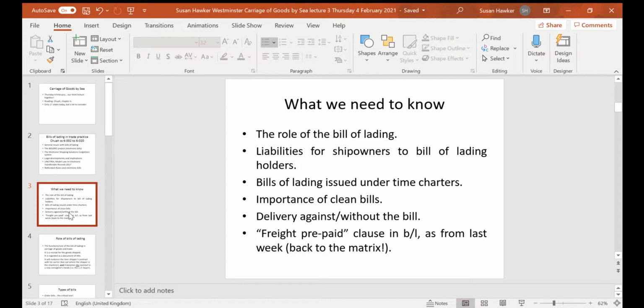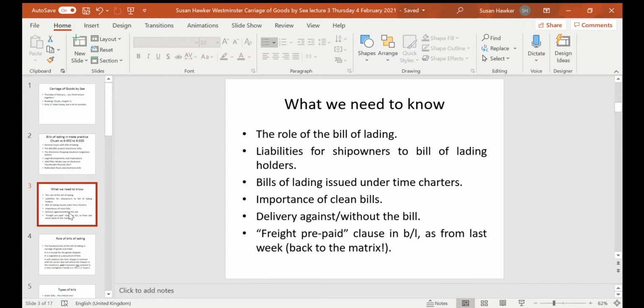If you go back to the picture we looked at in the first week, you'll see that we've got the owner and the time charter, and then we've got the time charterer and he sub-charters out on a voyage charter, and goods will be shipped and a bill of lading will be issued for those goods.